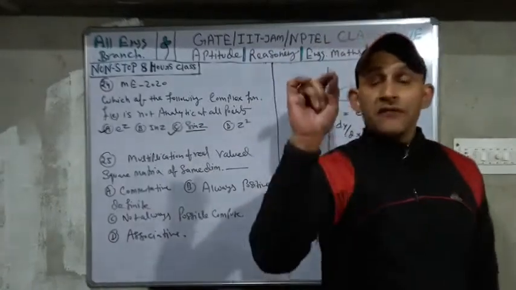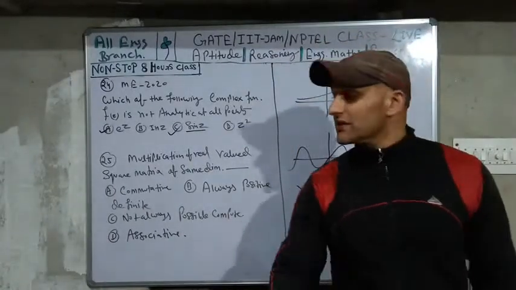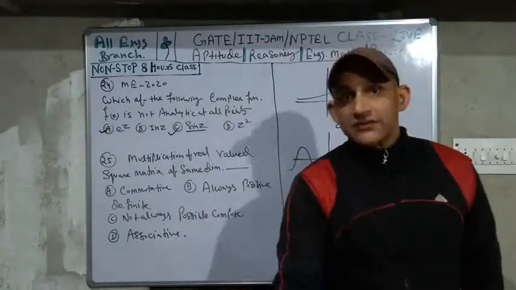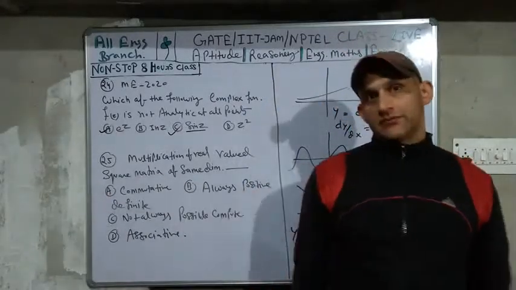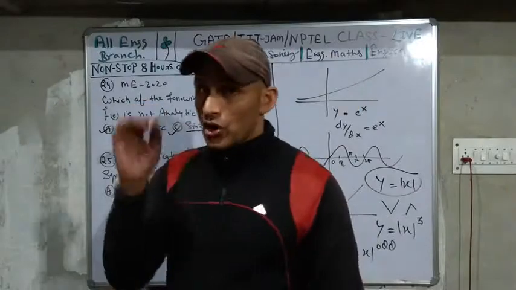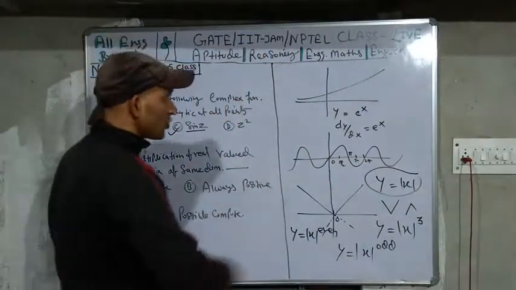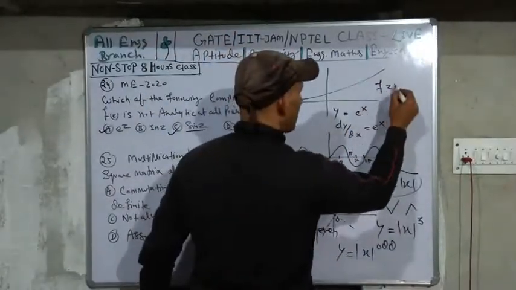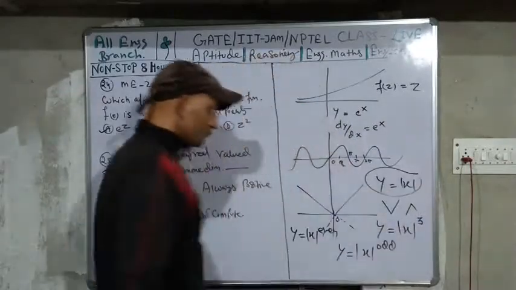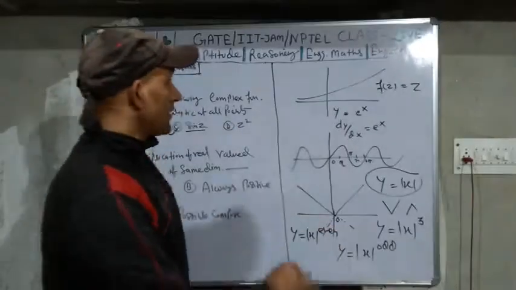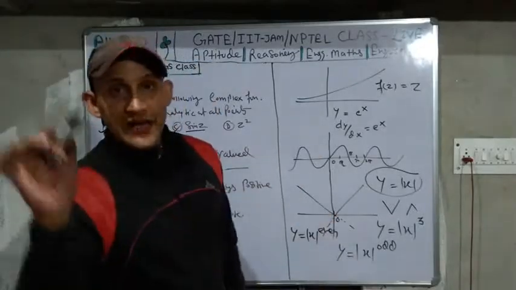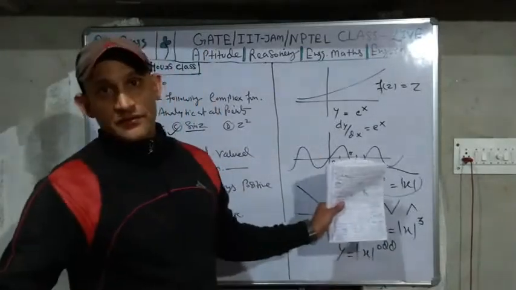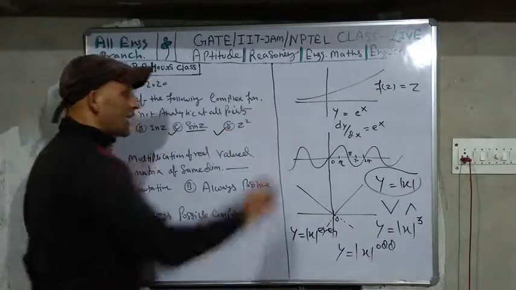Remember, every polynomial function is continuous, differentiable and analytic everywhere. Here f of z equal to z is also a polynomial. All polynomials are differentiable, continuous and analytic everywhere. So this is also analytic.